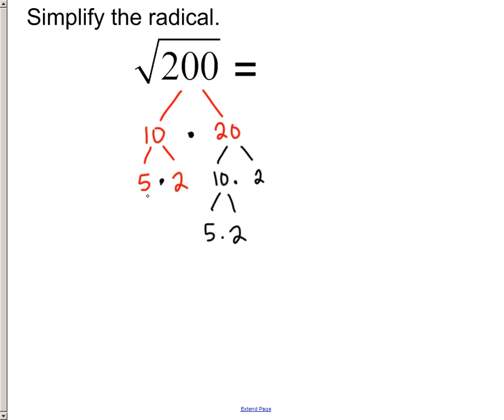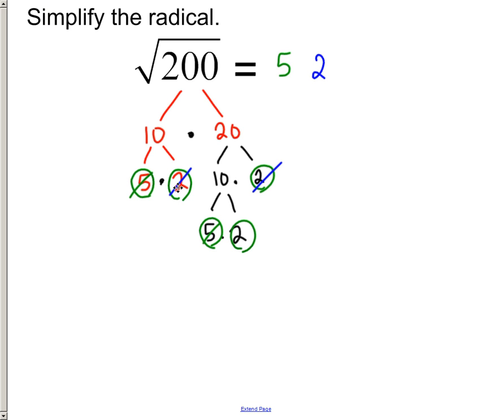And we can go circle our prime numbers, so that way we don't forget about them. And now we see which ones have twins. Well, this 5 is a twin with this 5, so that frees one of the 5's on the outside. But we're not done yet this time. This 2 could be a twin with this 2, or it could be a twin with that 2. It doesn't really matter, so let's just make it this one. And that frees a 2 up on the outside.